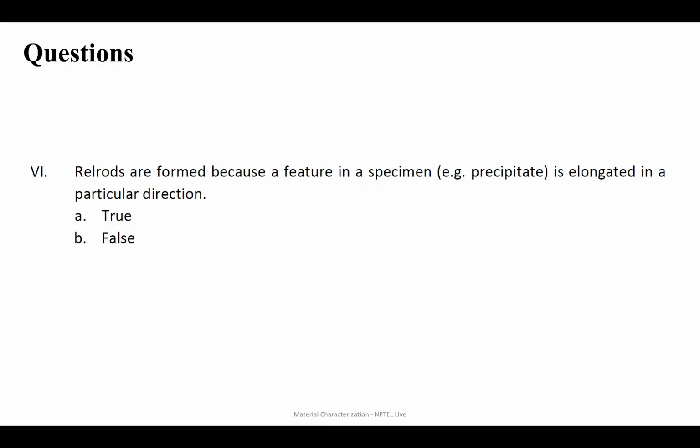Railroads are formed because a feature in a specimen, that is a precipitate, is elongated in a particular direction. True or false?